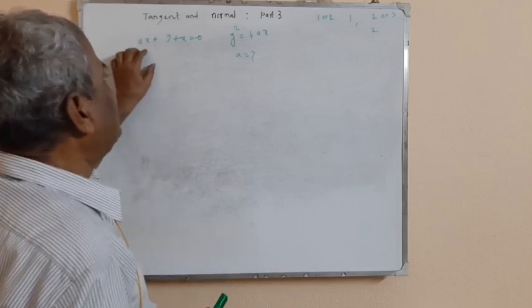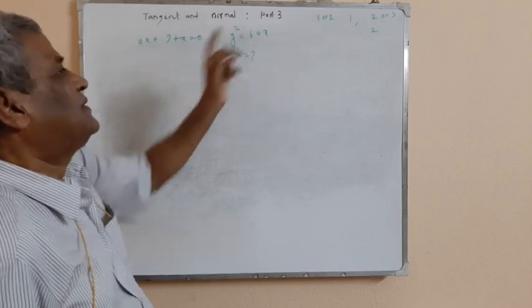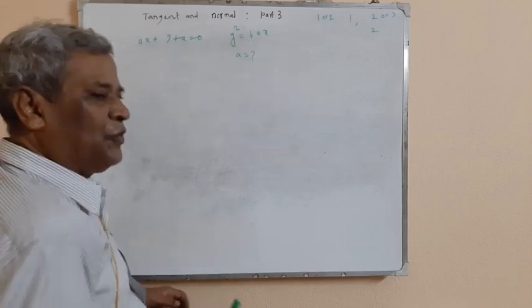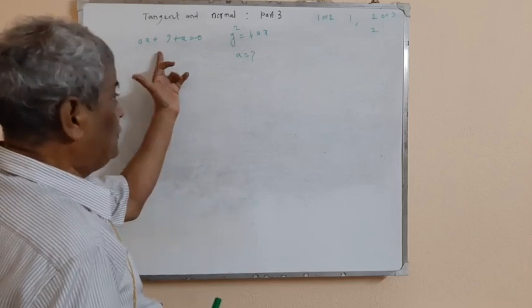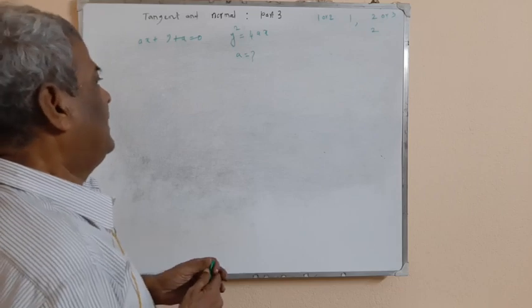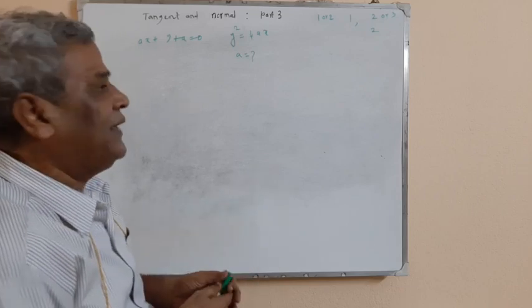Given that this is a tangent to that, we have to find from this condition the value of a. There are so many methods, but I am telling you the easiest one.